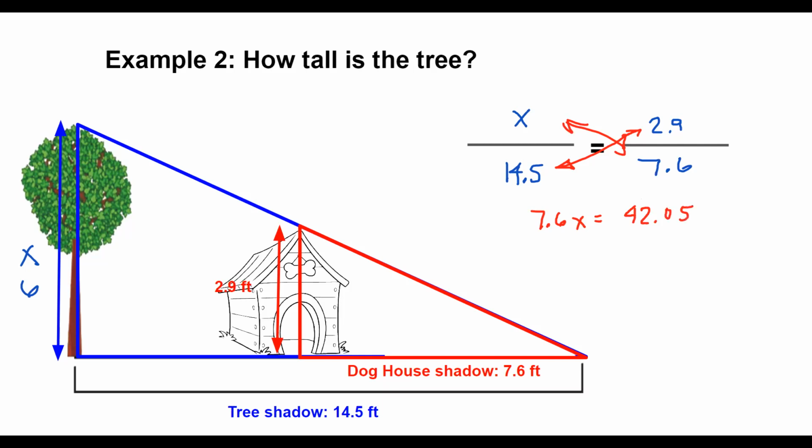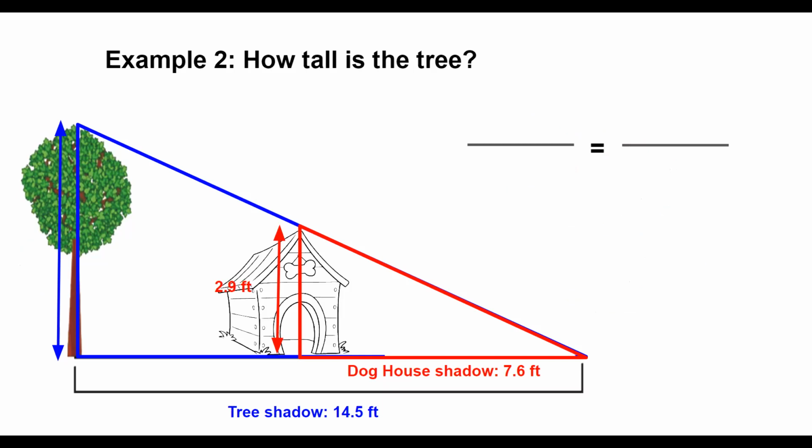And then we divide both sides by what x is being multiplied by, which is 7.6. That cancels that out, and it leaves us with x is equal to 5.5, a little bit less than 6, just like we predicted. But now we know the exact answer, and we can feel confident because it was close to our estimate. Can't emphasize how important that estimate is.